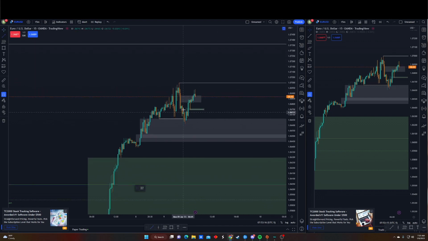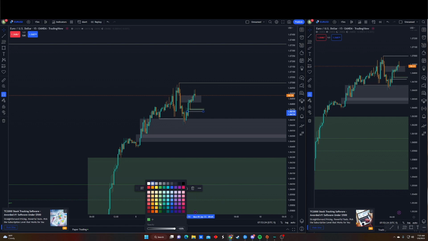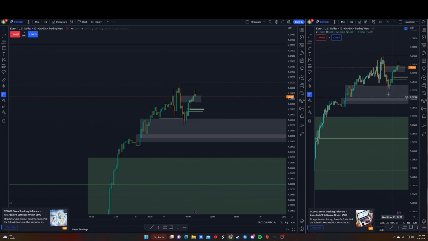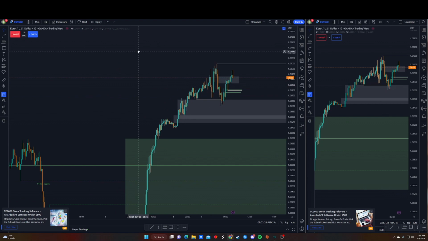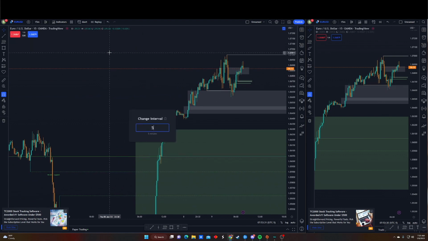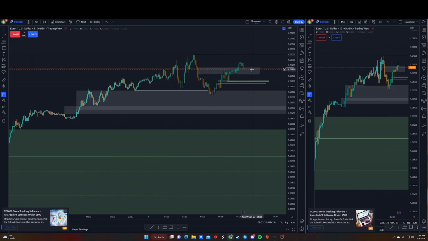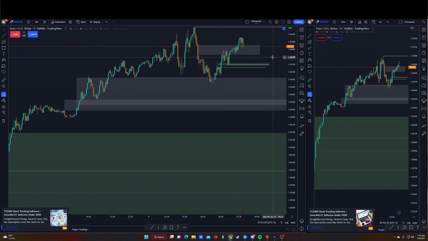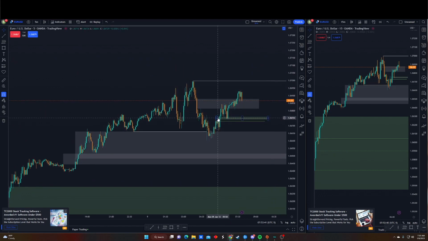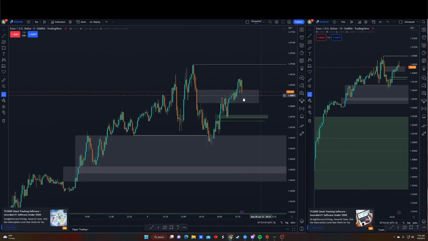We also got order block right here. That's what's nice having this secondary screen, because I can look at the 15-minute and know exactly what my levels were. It's the same for the 5-minute. All right, so let's trap some short sellers in this.